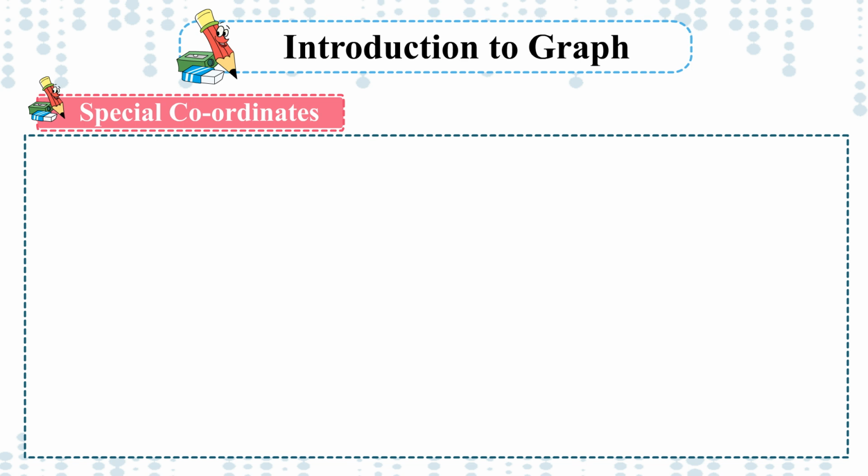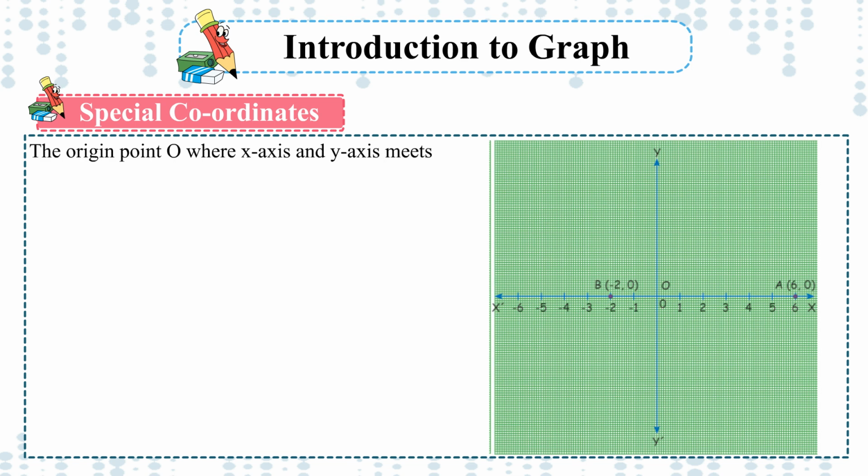Special coordinates. The origin point O, where the x-axis and y-axis meet, has the coordinate (0, 0). It is not moving in any direction.